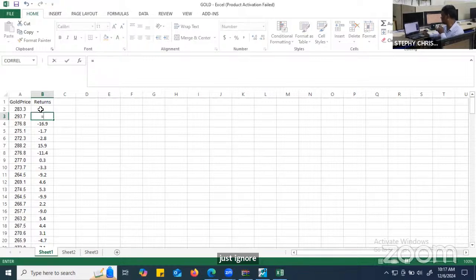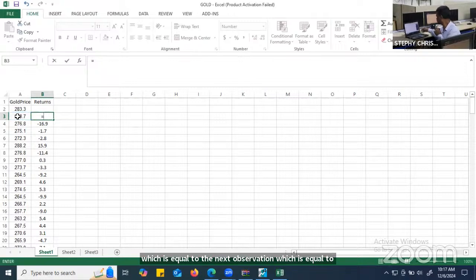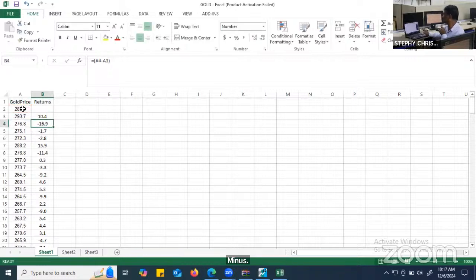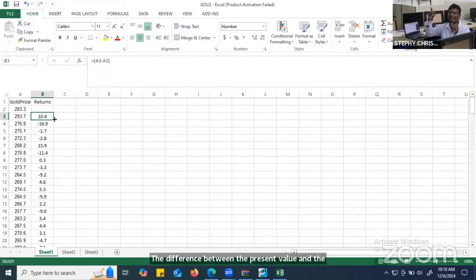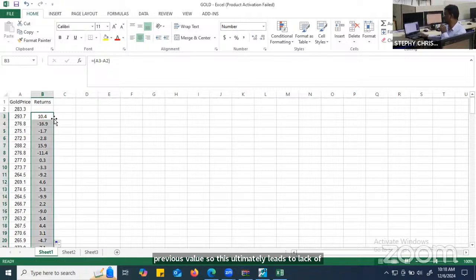The next observation equals, I open the bracket, present minus the previous value. Okay, so we got 10.4, the difference between the present value and the previous value. So this leads to loss of information. One observation will go off. Now just drag it or double click.